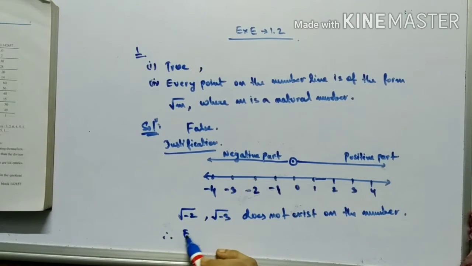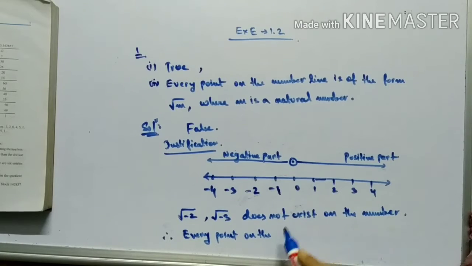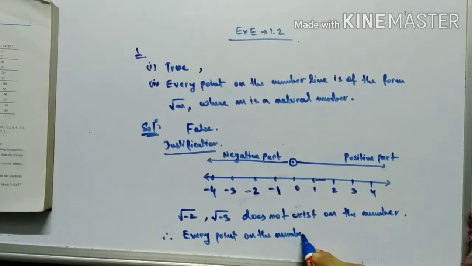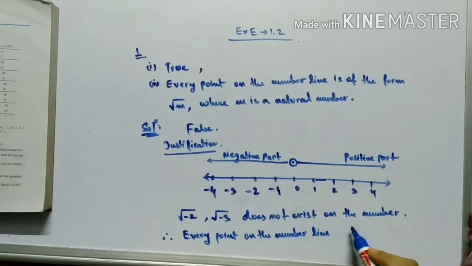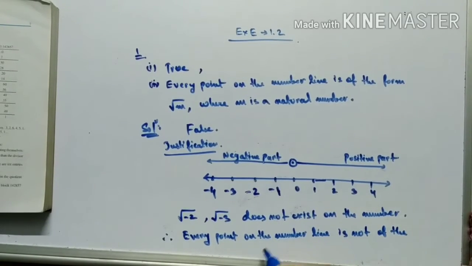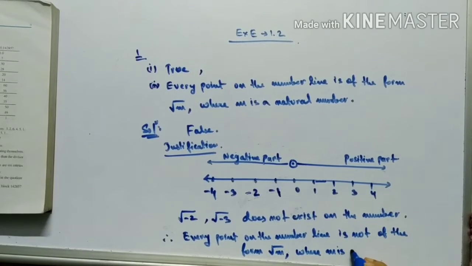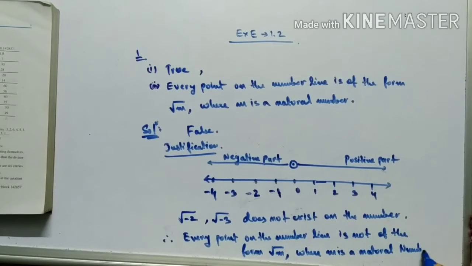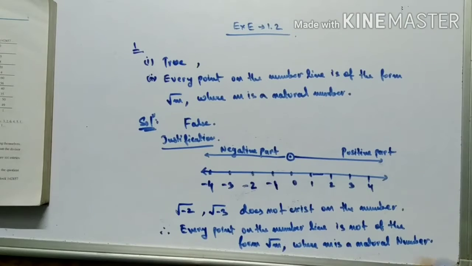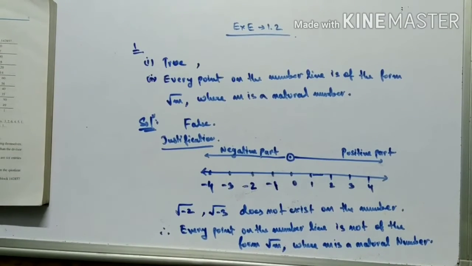So therefore every point on the number line is not of the form root m, where m is a natural number. So this justification you can write down.